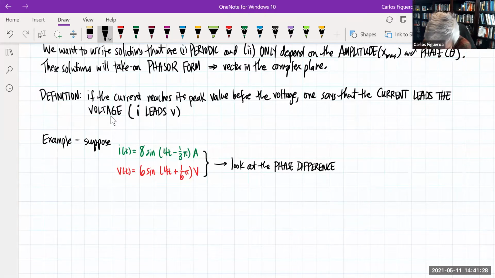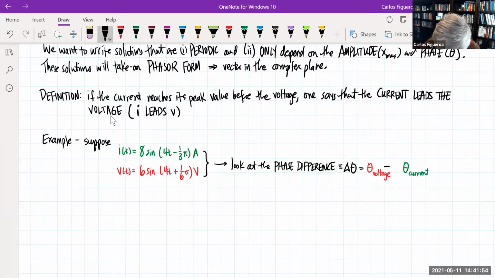If I look at this phase difference, I'm going to define this function as theta. So this means that I look at the difference between these two: the phase of the voltage minus the phase of the current.